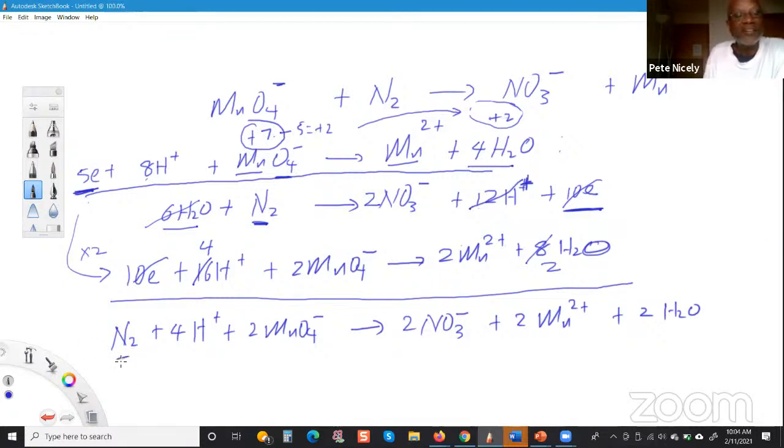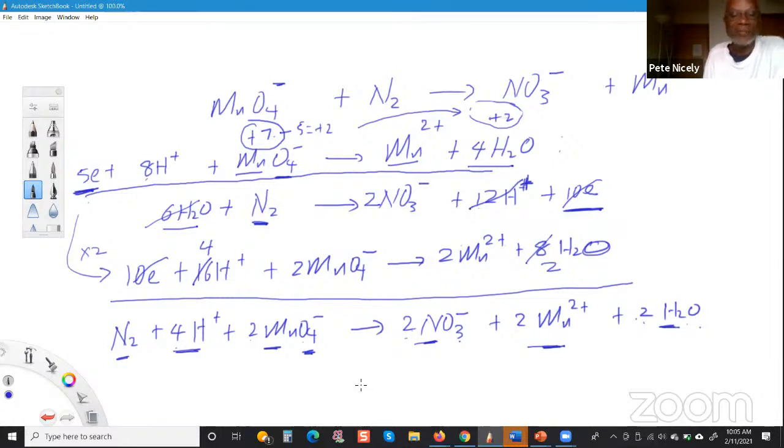You have 2 nitrogens here, and we have 2 nitrogens here. So the nitrogens are balanced. We have 4 hydrogens here, and here we have 2 times 2, 4 hydrogens here, all right? We have 2 manganese here, 2 manganese here. We have 2 times 4, 8 oxygens here, and we have 2 times 3, 6, plus 2, 8 oxygens on the right side.